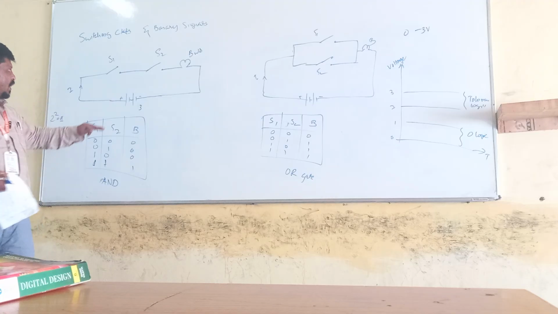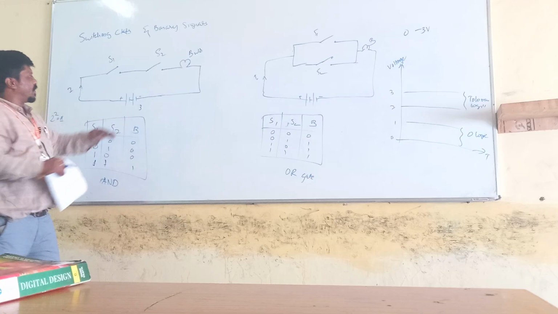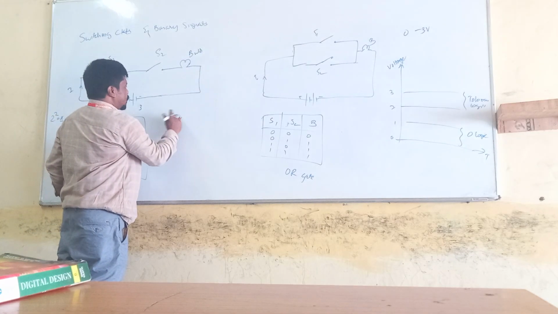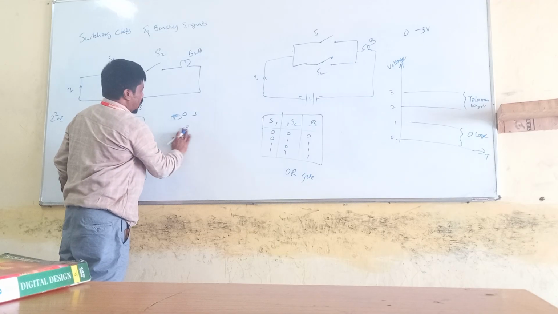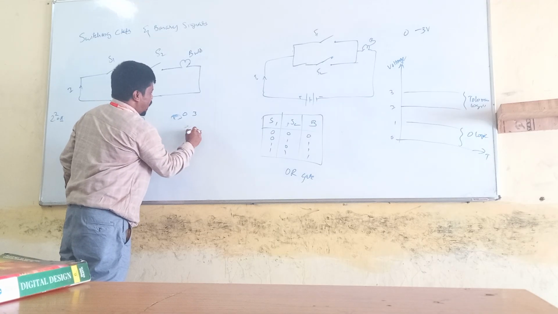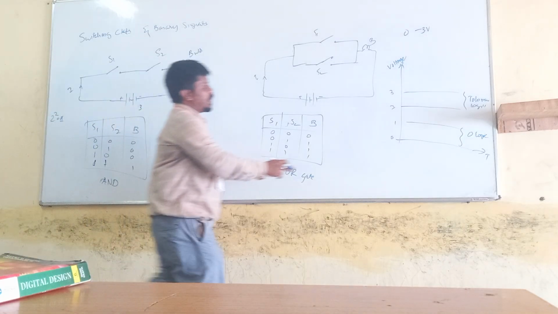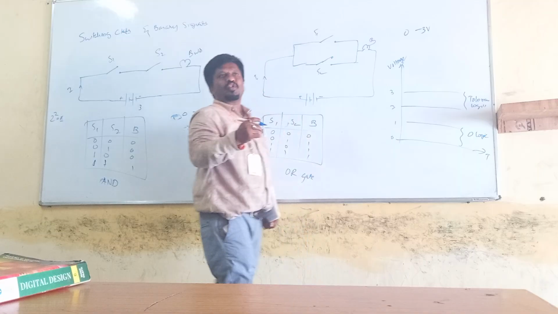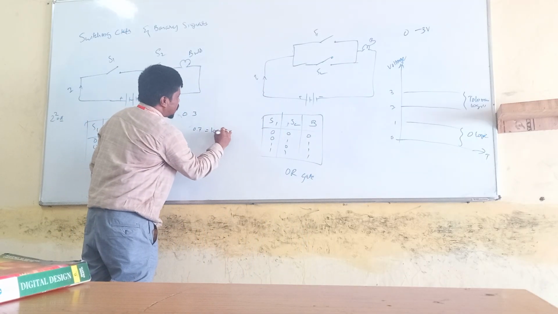If the voltage is falling between 0 to 3, and if I use 0.7 volts, what logic can I use here? Logic 0. Because it is 0 to 1, then definitely its logic is logic 0.